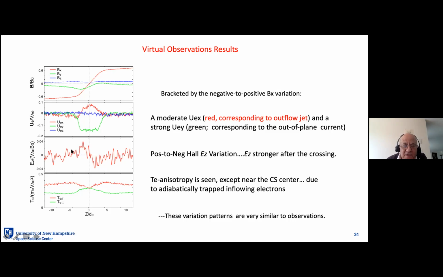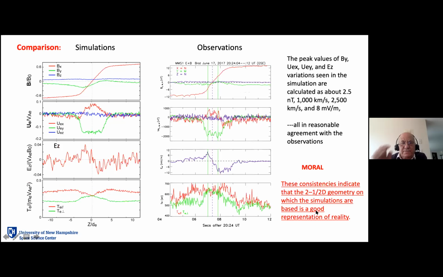Here you have the dipolar electric field normal to the current sheet, and you will notice that it is stronger here than it is here, and longer too. And here you have the anisotropy, which we also saw. There is an anisotropy on these sides, but it disappears at the EDR. So we can say that these variation patterns are very similar to the observations.